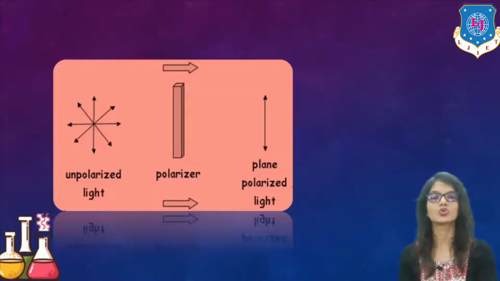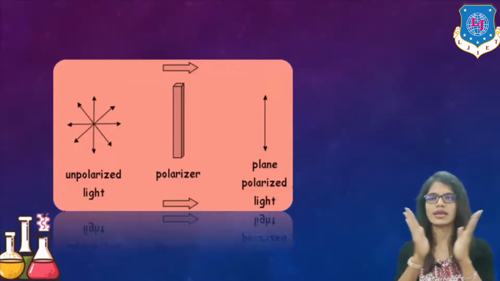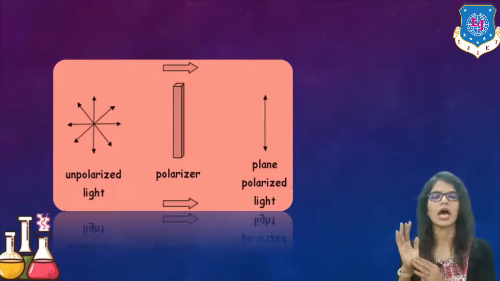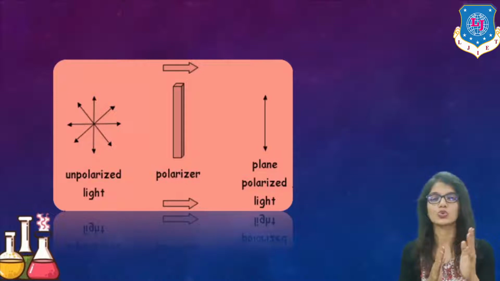Let's understand it through the image. Here in the image, as you can see, we have unpolarized light. The unpolarized light's waves, or the vibrations, are in each and every plane, in almost each direction. Now when it is passed through the polarizer, all other vibrations are absorbed, stopped there, and plane polarized light is allowed to pass through it.